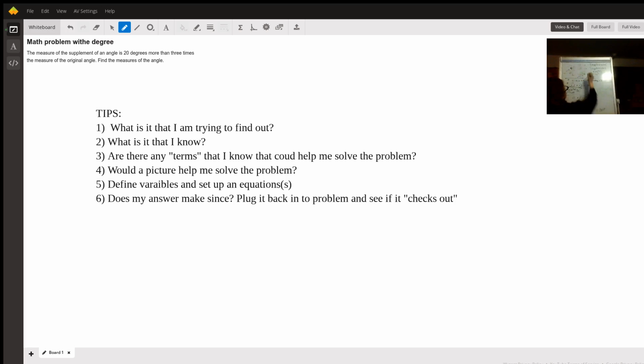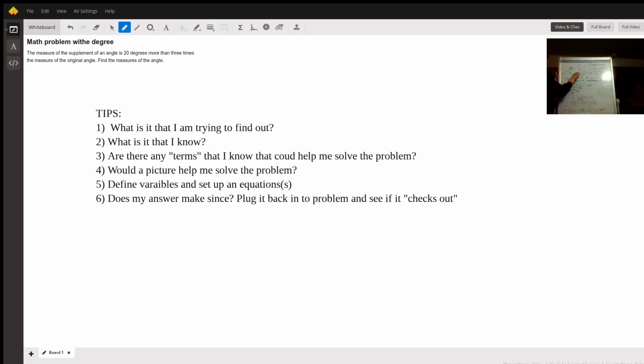Now, that's 140 degrees. Now the question is, does that make sense? Well, if we look at our picture, which is kind of sloppy, we already said angle 1 is 40, and that's our original angle. We said angle 2 is 140 degrees.